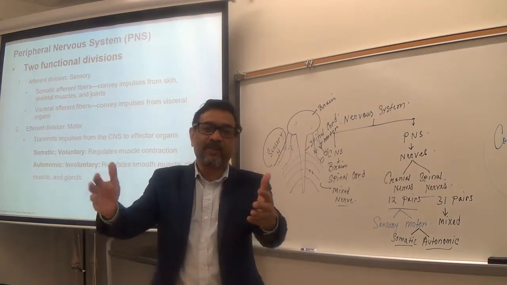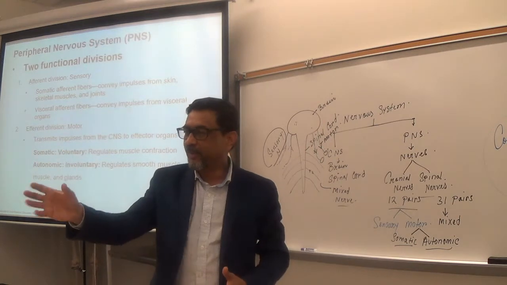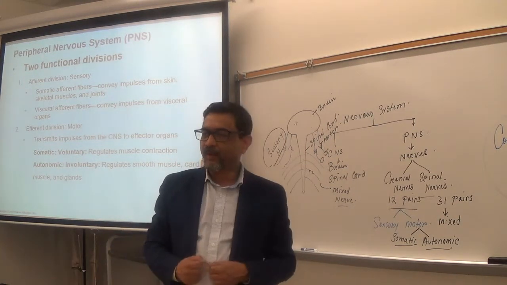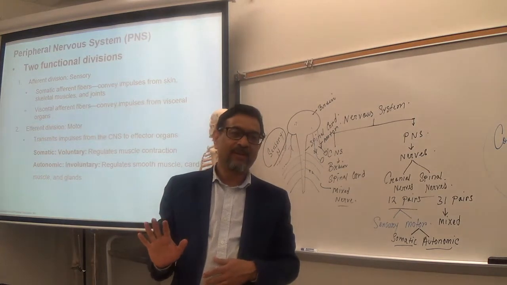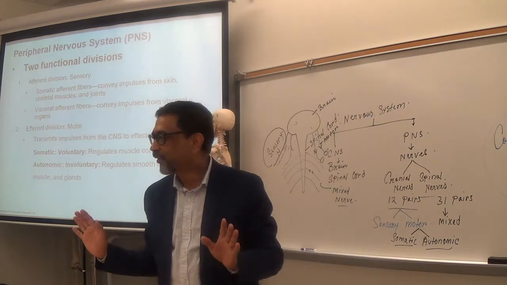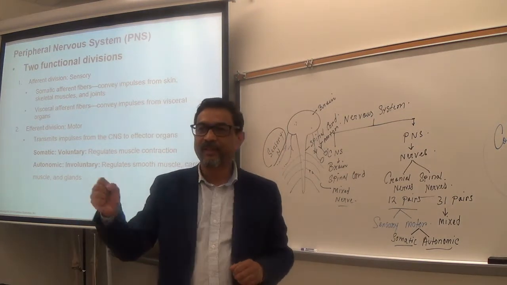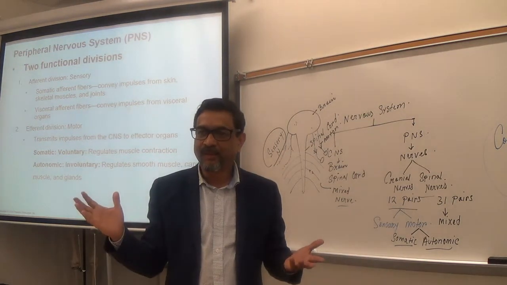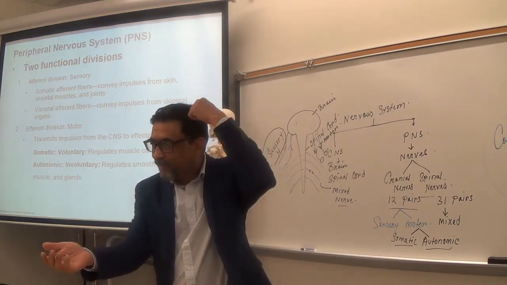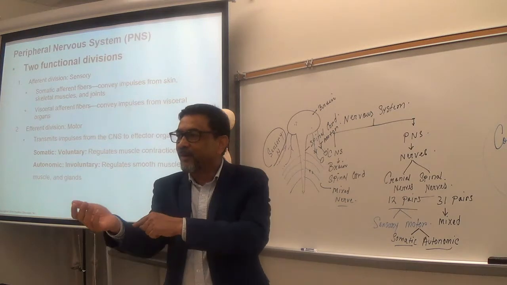Let me give you the easier example. I already gave you the glass of water, right? If you decide that I will not drink now, I will not move my hand out to grab it, you can do that. If you decide that I will drink it, you can do that, right? So that motor output going from the brain to the muscle is voluntary or involuntary?